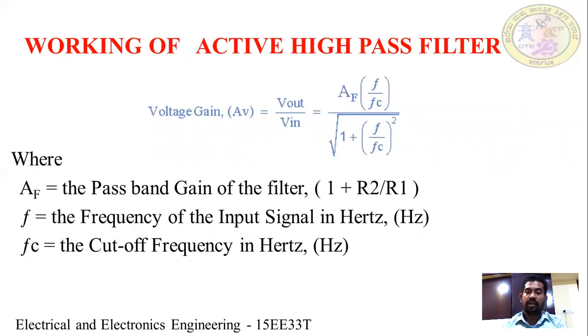That is, the voltage gain AV equals Vout divided by Vin, equal to AF times (F divided by Fc) divided by the square root of 1 plus (F divided by Fc) whole squared, where AF is the pass band gain of the filter, equal to 1 plus R2 divided by R1, F is the frequency of the input signal in hertz, and Fc is the cutoff frequency in hertz.